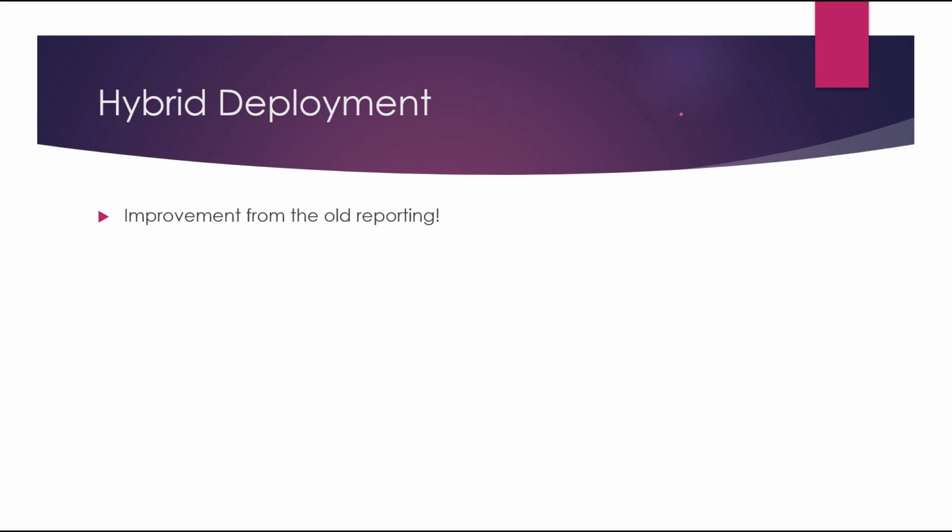So let me just draw a not so neat diagram like I always do. Let's just say that this is SCCM and this is the Intune console, and this is the mobile device.